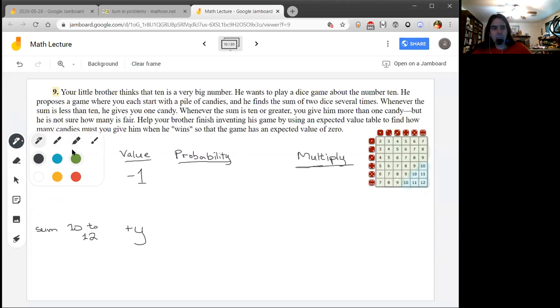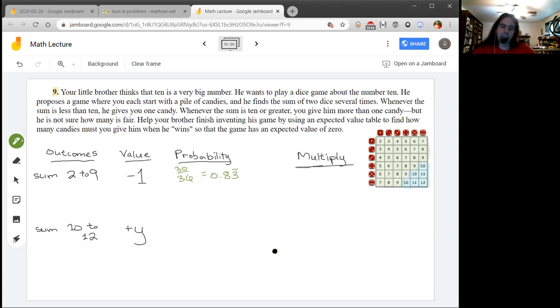So I could count those up, and that's 30 out of 36. So it's going to be about 83%. The 3 repeats. The probability that it's 10, 11, or 12 is 6 out of 36. So 1/6. So 0.16 repeating.